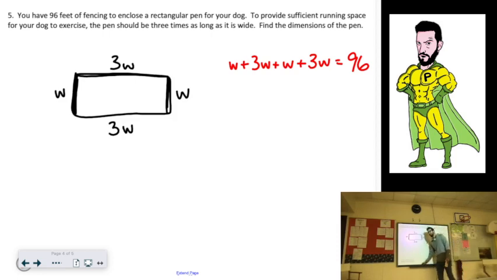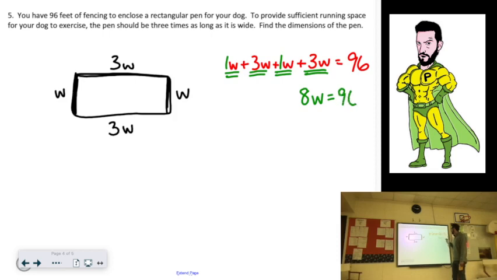Now these are all like terms, so we can combine these. Remember, W just means 1W. So if we did 1 plus 3, we're at 4, plus 1 is 5, plus 3 is 8. So 8W equals 96. That's 8 times the width. To cancel out this 8, we would divide, because that cancels out multiplication. 96 divided by 8 is 12.